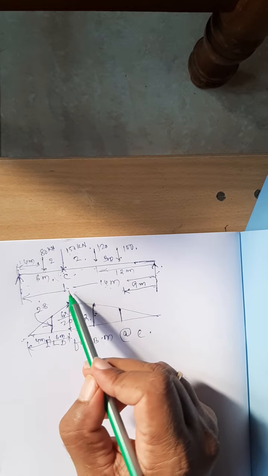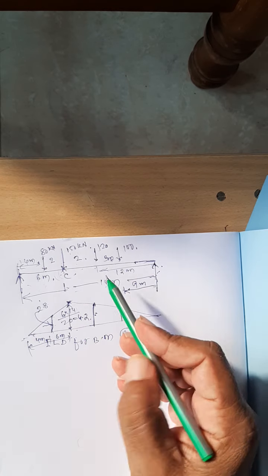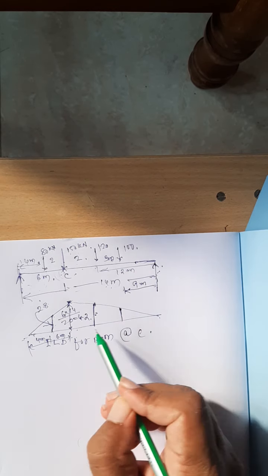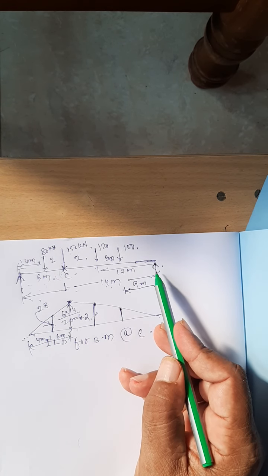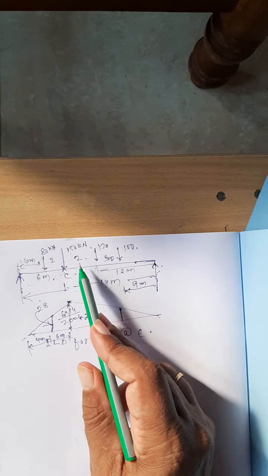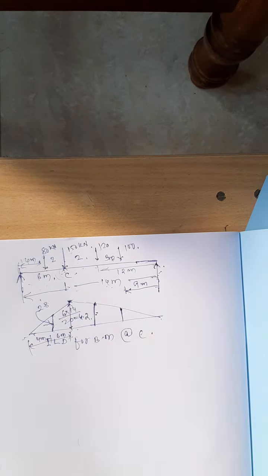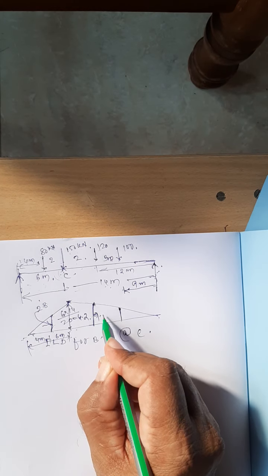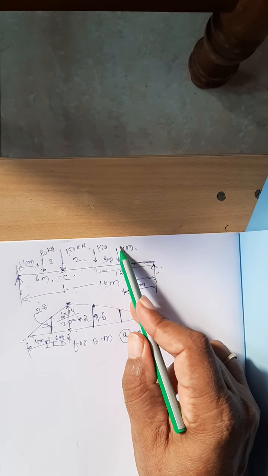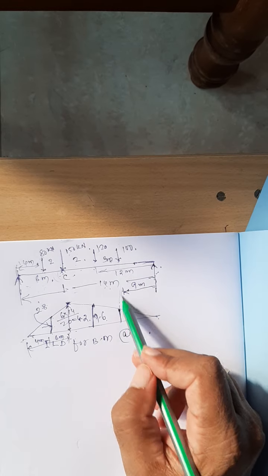This number, how to calculate it? This total is 14. Yes, 4.2 divided by 14 into 12. From similar triangle properties you are doing it, it is equal to 9.6. Like that, what is the ordinate under the 100 kilonewton?